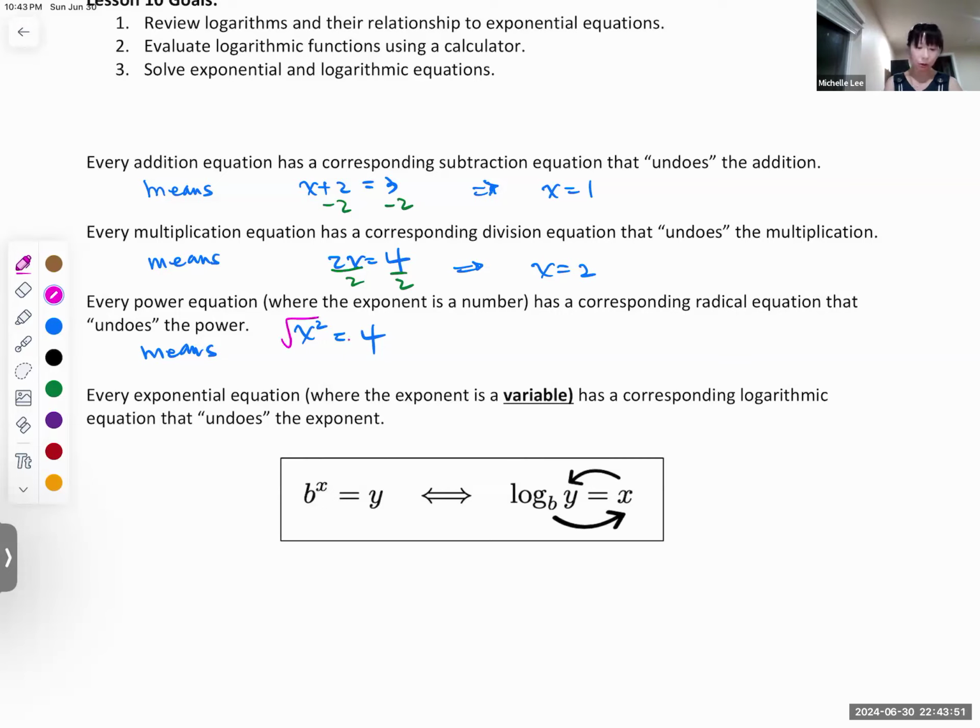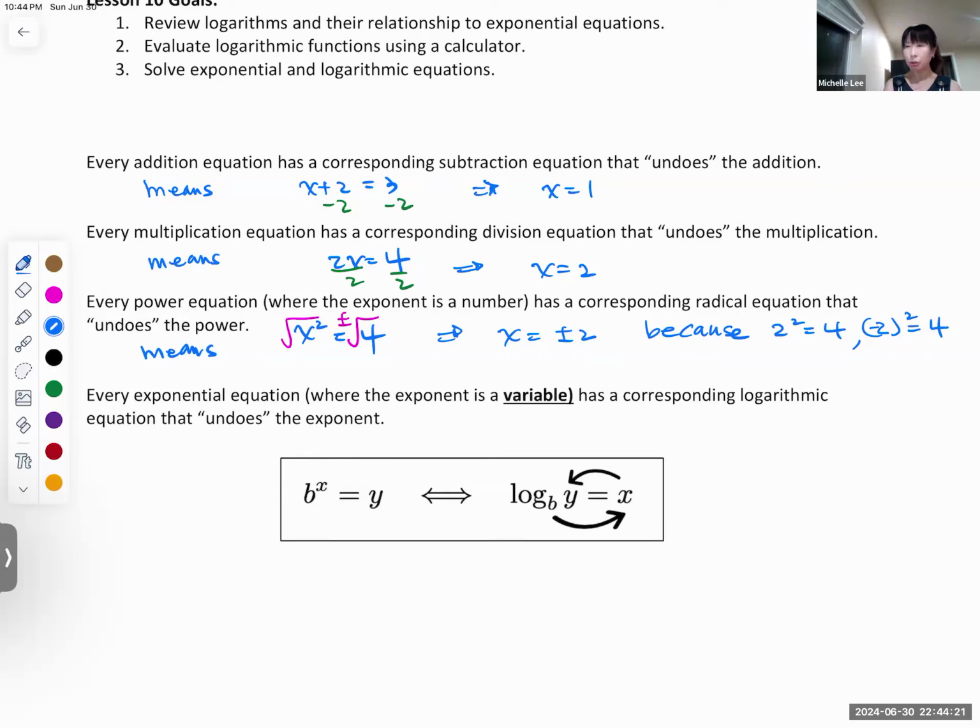But when you take the square root, the other side has plus or minus, because 2 squared equals 4, and negative 2 squared also equals 4. That's why we need the plus or minus on the other side. Okay? All right.